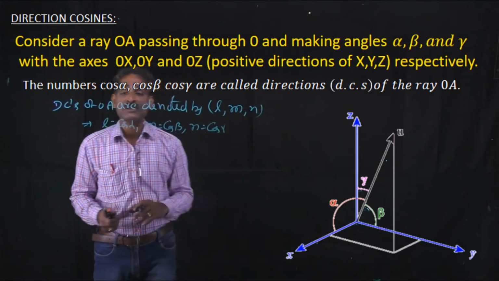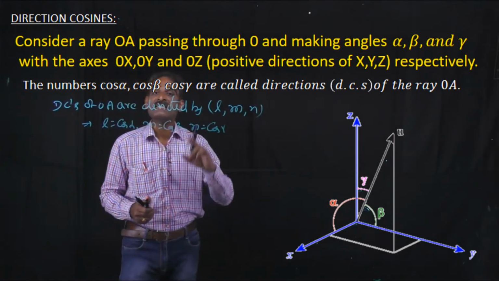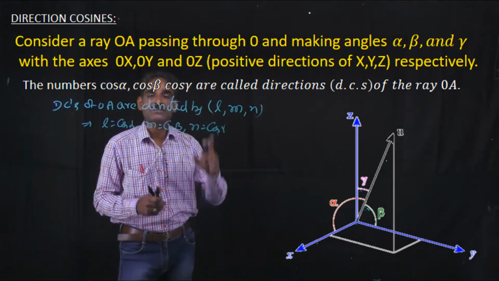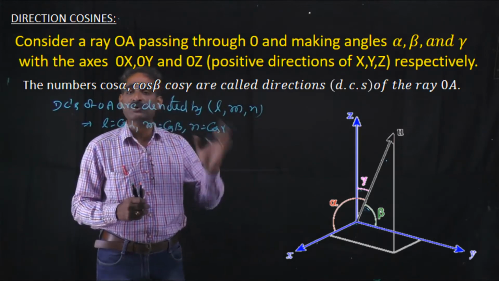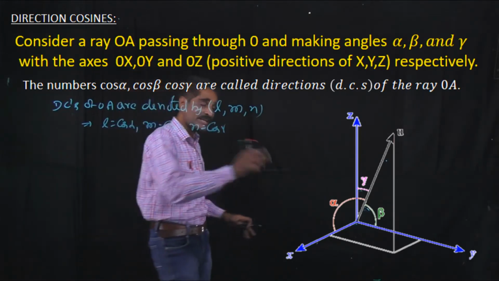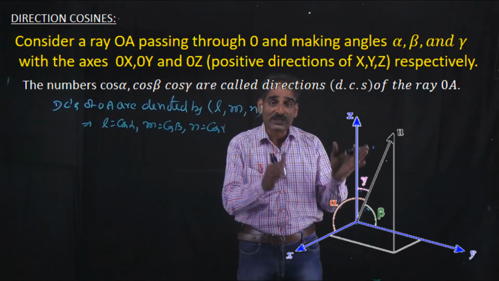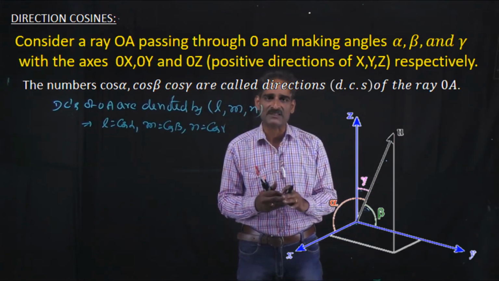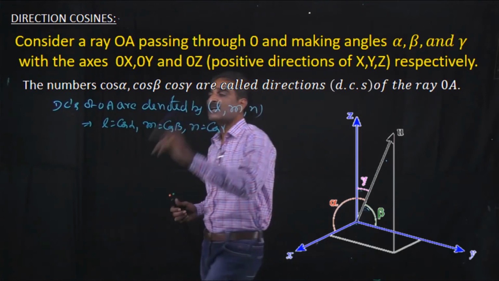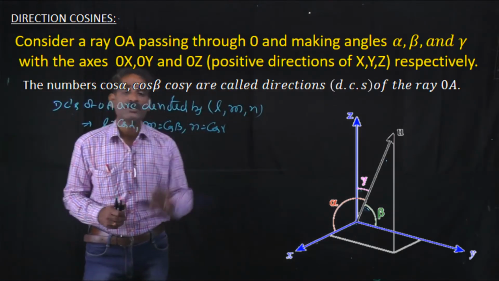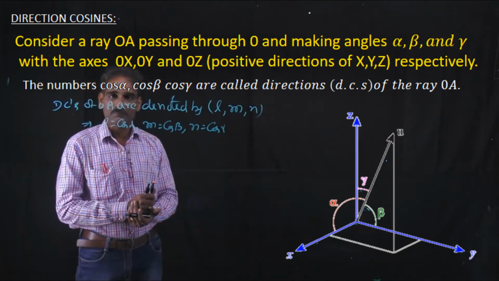In two-dimensional geometry, tan theta is nothing but the slope of the line, if theta is the inclination of the line, meaning the angle made by the line with the positive direction of the x-axis. Here, the ray makes angles alpha, beta, gamma with the three coordinate axes, and cos alpha, cos beta, cos gamma are called direction cosines of the line, denoted by l, m, n.